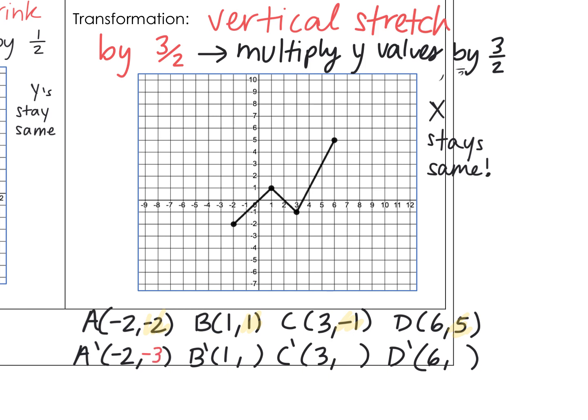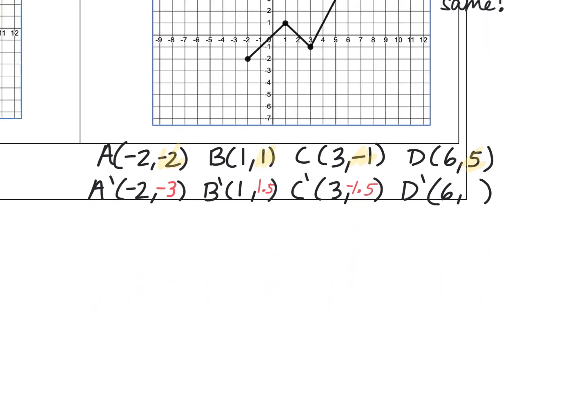Half of -2 is -1, and 1 times 1.5 is 1.5. -1 times 1.5 is -1.5. And 5 times 1.5 would be, half of 5 is 2.5, so add that on, 7.5.